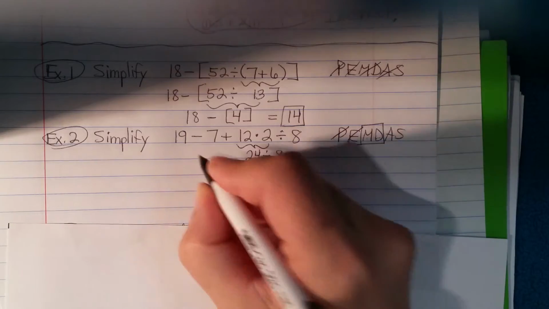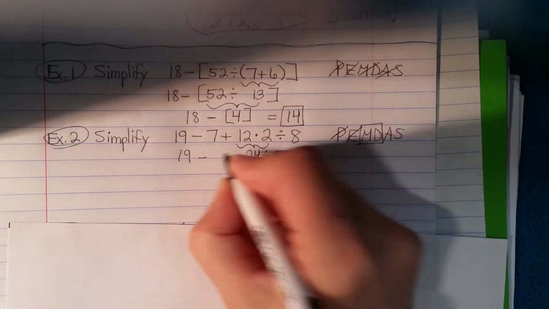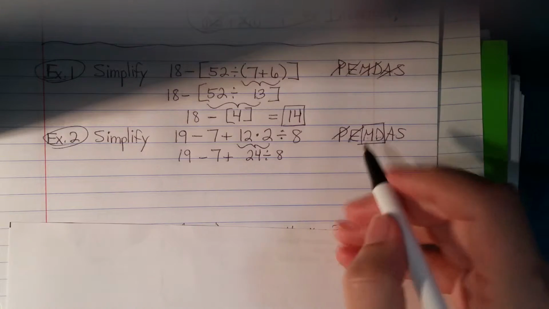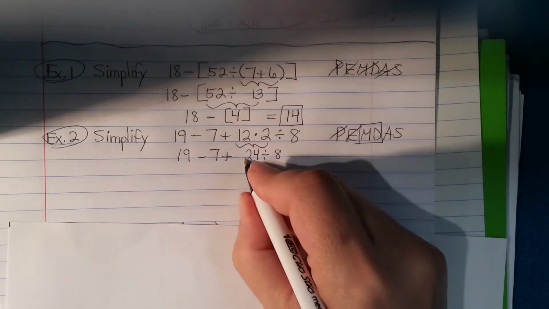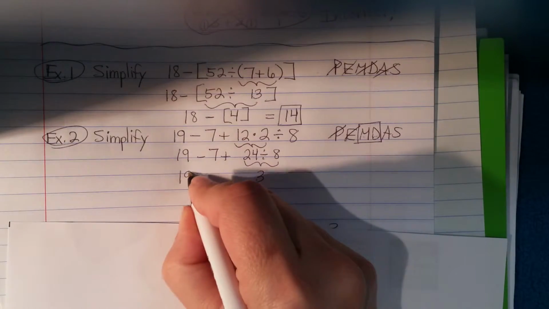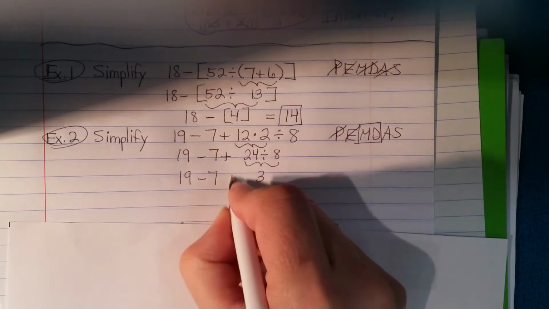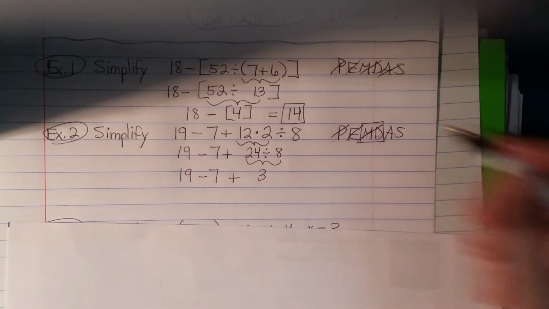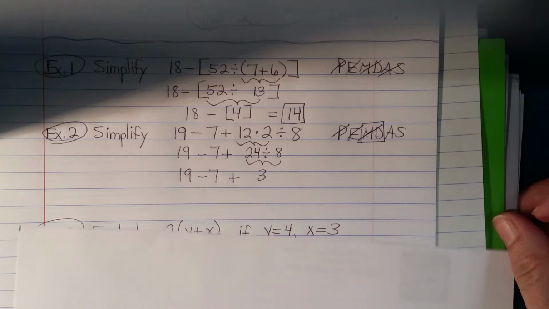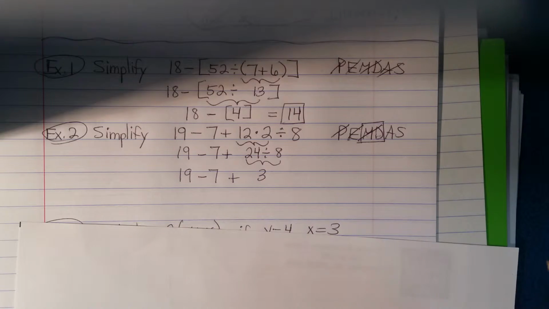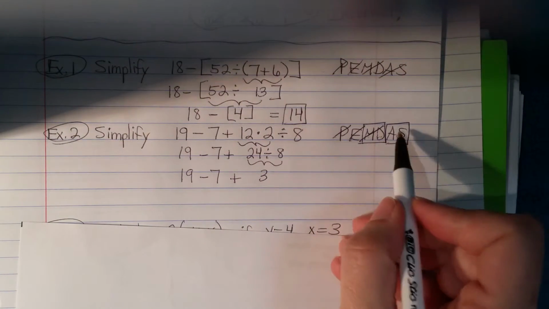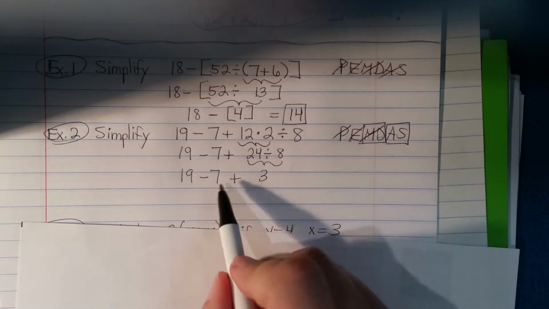Divided by 8, 19 minus 7 plus. Okay, but I'm still on MD because now I have to do the division. 24 divided by 8 is 3. 19 minus 7 plus 3. So I'm finished with the multiply divide. Now I can do the add subtract, whichever comes first, left to right.